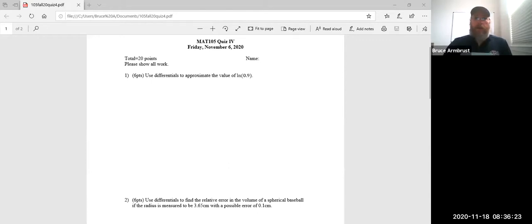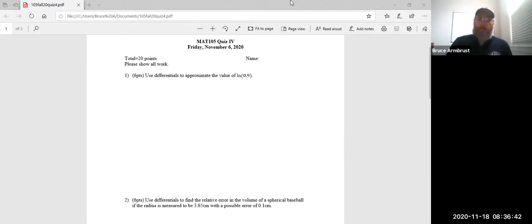All right, so for number 1 here, it says use differentials to approximate the value of the natural log of 0.9. Differentials, those are the little dy, dx stuff.